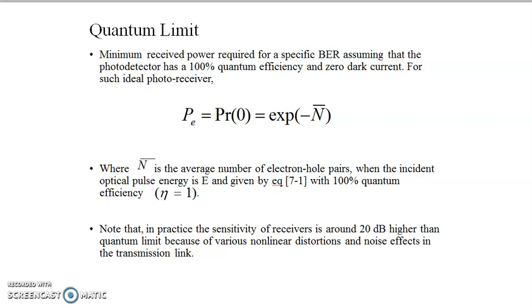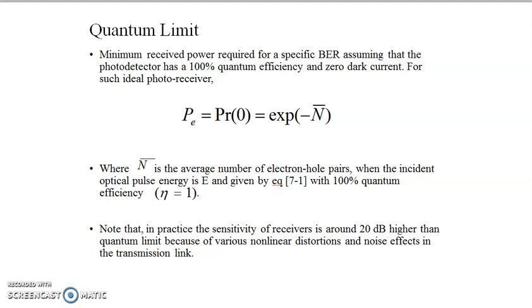Now, what does quantum limit mean? It is the minimum power level received by the detector at a given data rate that generates the electron-hole pairs, so that we get a sufficient output to detect the pulse. So we can say it is the minimum received power required for a specific bit error rate, assuming that the photodetector has 100% quantum efficiency and zero dark current.